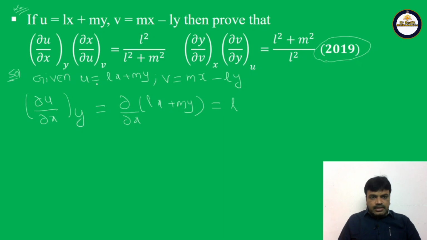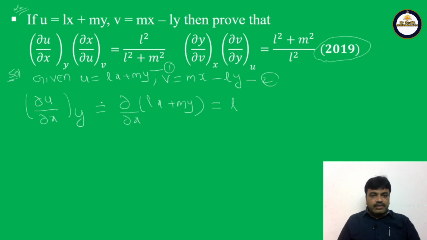We have only u and v, so here x is a function of u and v. So first I want to find x as a function of u and v using these two relations. Say this is 1 and this is 2. To find x, I want to eliminate y.